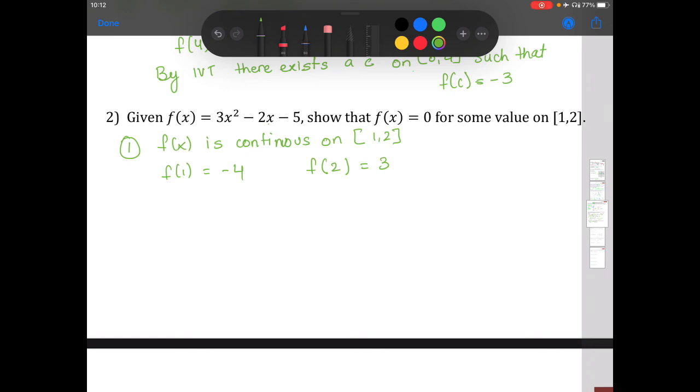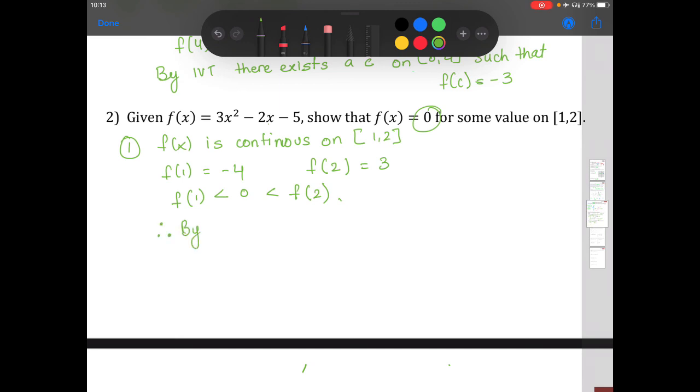So now look at this number. Does 0 fall between these two? Yes, it does. So I can write it as f of 1 is less than 0 is less than f of 2. That's how you write that it falls in that interval, right? So what can I say?